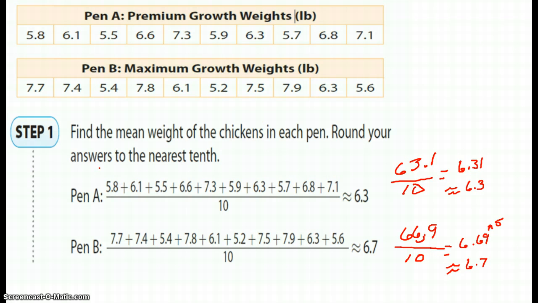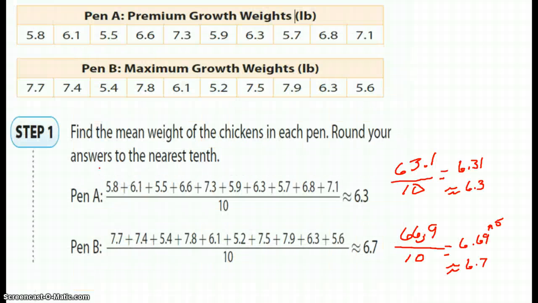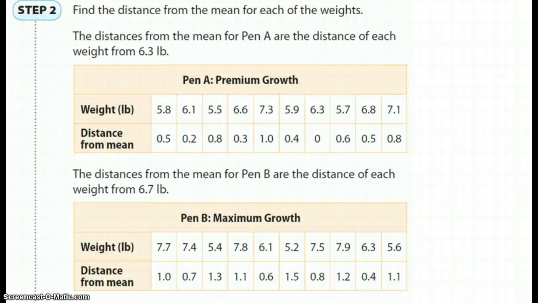Okay, let's try to move a little bit faster. Step 2 says find the distance from the mean for each point. So when we subtract, what is the first one that we looked at? 6.3 and then 6.7. So let's put the mean is 6.3 here, and on this one the mean is 6.7.